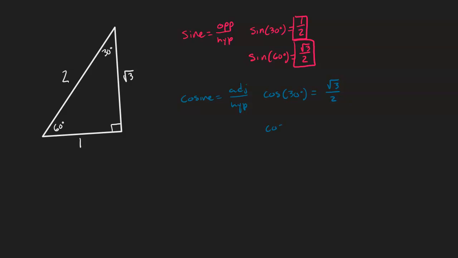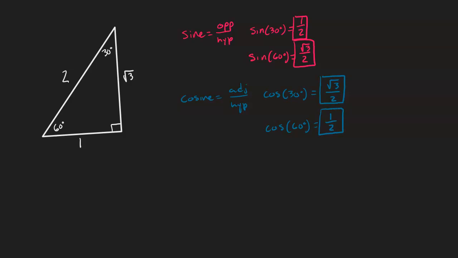Let's go ahead and find cosine of 60 degrees. I'm going to take a look at the 60 over here. Adjacent is 1, hypotenuse is 2, so cosine of 60 degrees is just 1/2. These are nice because we don't have to do anything else to simplify them.